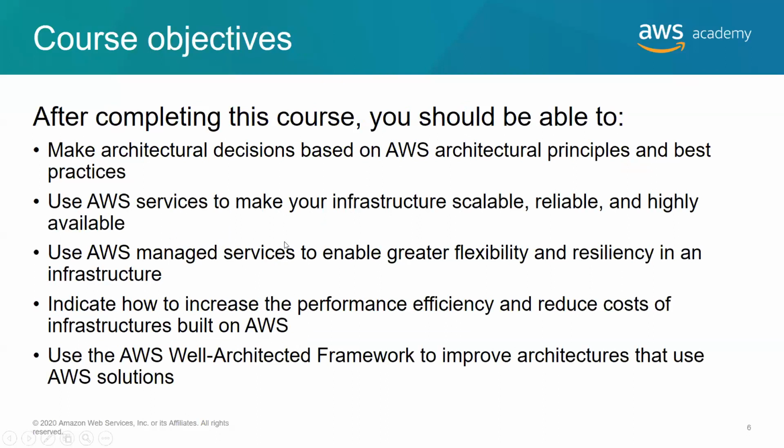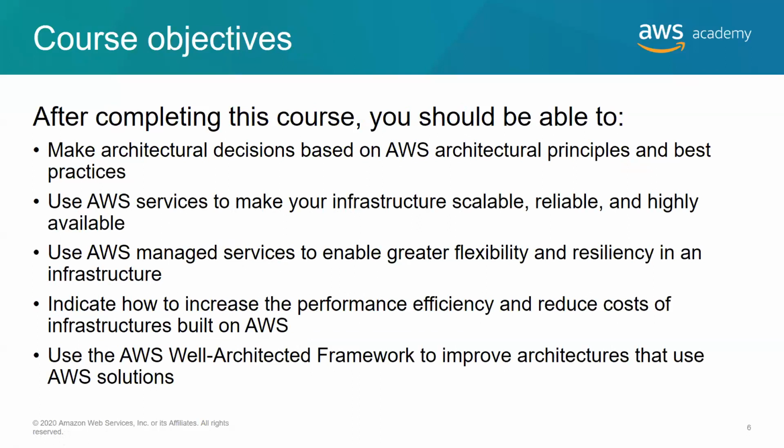On completion of this course, you will make architectural decisions based on architectural principles and best practices. Here we have a lot of best practices for each and everything. You will use AWS services to make your infrastructure scalable, reliable, highly available, and fault tolerant.